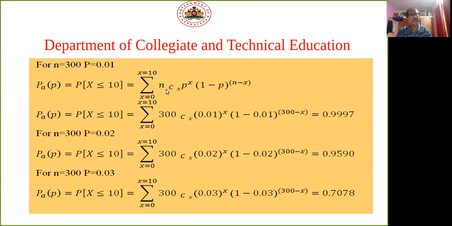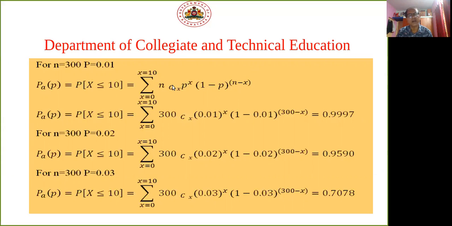So now for n equals 300 and p equals 0.01, once again in the formula, that is nCx p to the power of x into (1 minus p) to the power of n minus x.